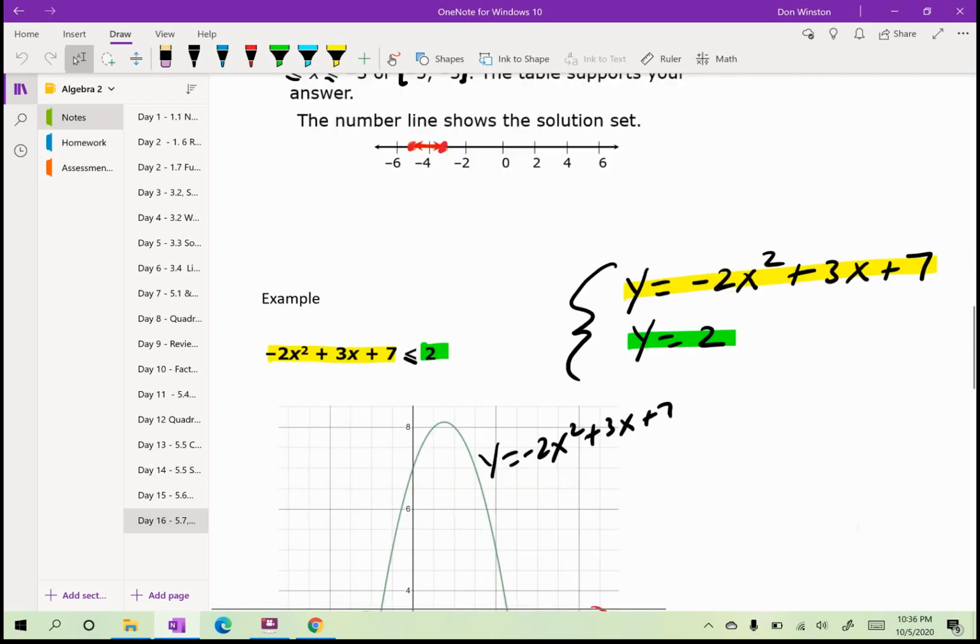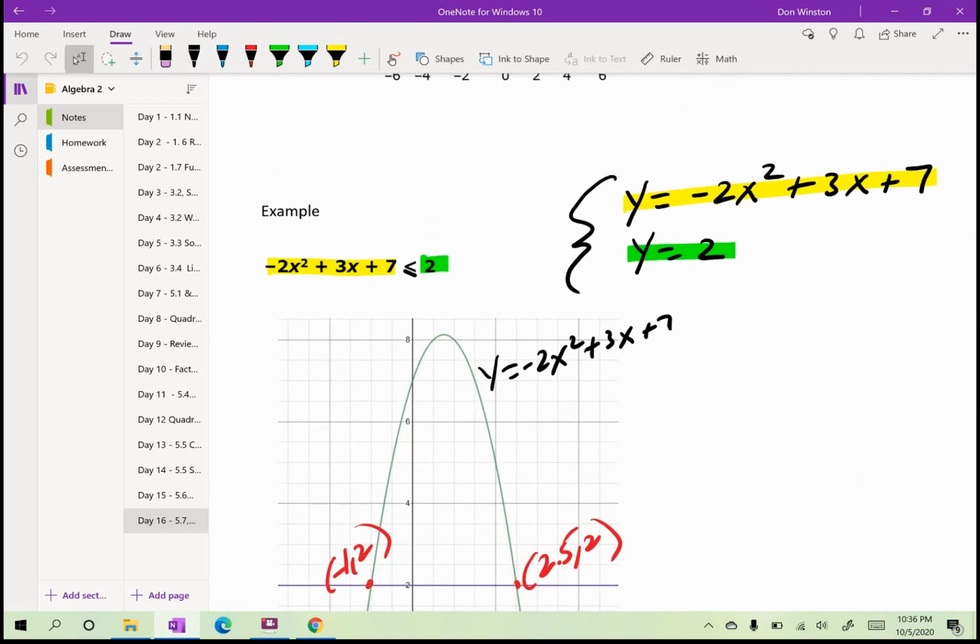All right, so let's look at this one. Example: -2x squared plus 3x plus 7 is less than or equal to 2. Again, I wrote two equations here. One is y is equal to -2x squared plus 3x plus 7, and the other is y is equal to 2.